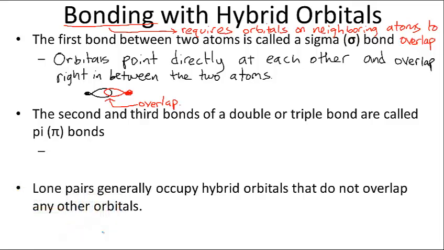Sigma bonds are made by hybrid orbitals, or just s orbitals if you're talking about hydrogen.